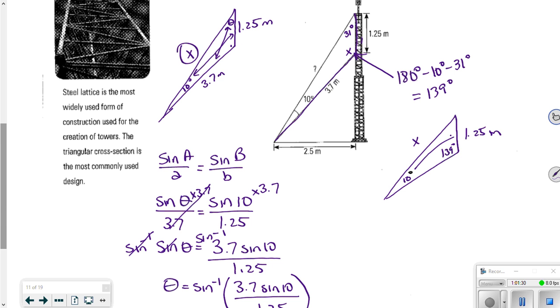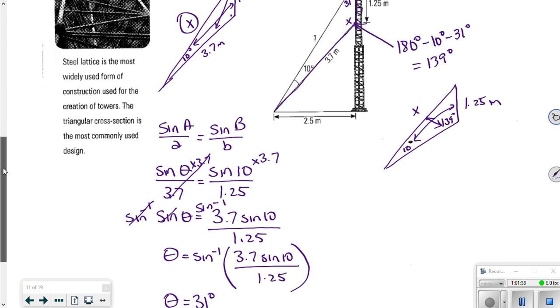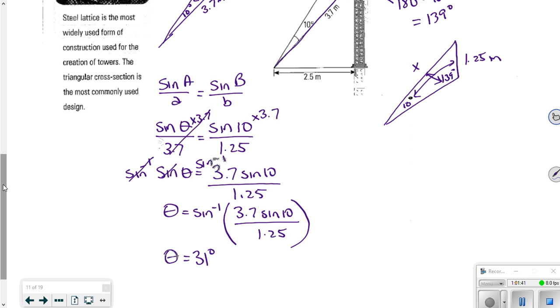So my pair, where I know both pieces, and my pair where I only know one piece. This time I'm solving for a side. I want side x. So I need to write my formula with the sides on top.